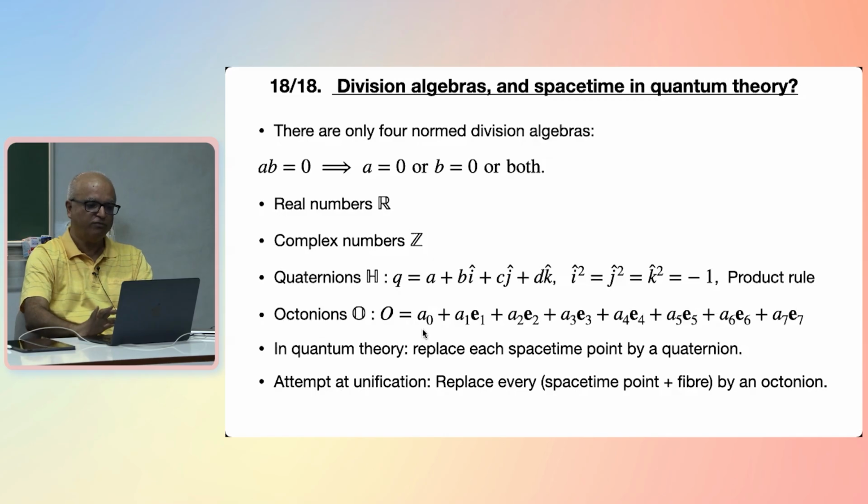So, half of an octonion is like a quaternion. You see, one real and 3 imaginary directions, that is a quaternion, because quaternions are subsets of octonions. And this part we try to use to make space-time. This part we try to use to make the fiber space of the particle physics gauge theories.